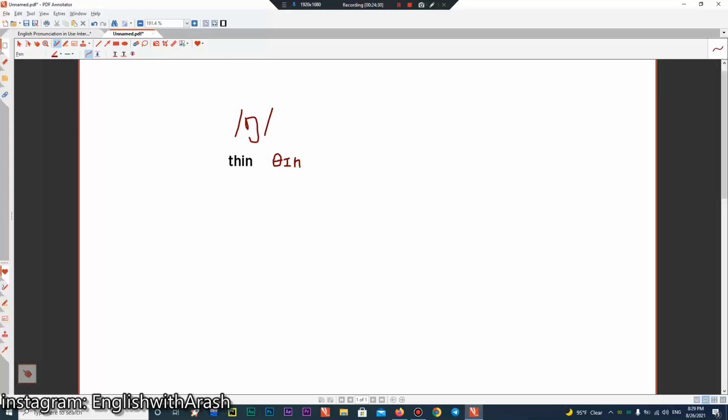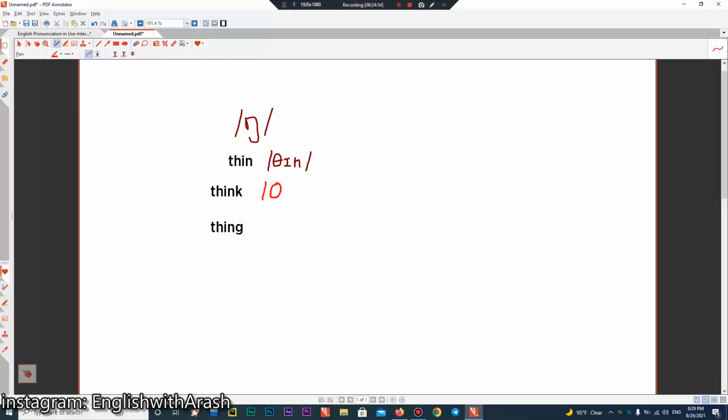But if I add G or K to the end of it, it changes. Exactly, it's K and G. So if I do this, the pronunciation changes, and that ne changes to goes in the back.